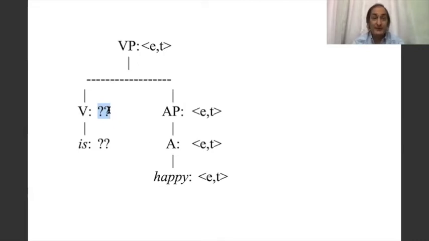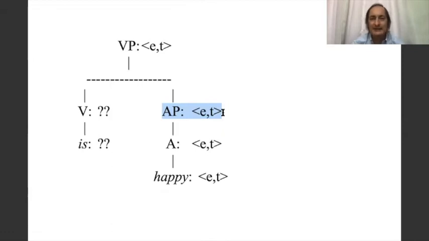And we do have another option open. Anytime we put two things together by function application, one has to be the function and the other has to be the argument. But there's nothing saying that a function itself, like the AP over here, can't act as an argument instead of as the function.